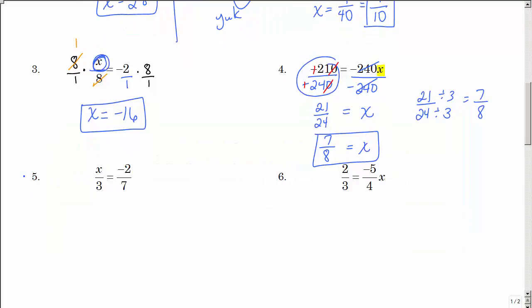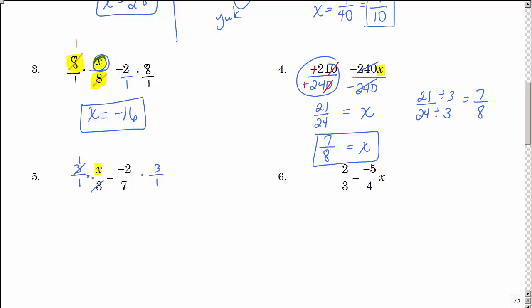Okay, now look at number 5. This x is again being divided by a number, just like on number 3, x was being divided by 8. What did I do on number 3? If I divided by 8, then to undo that, I multiplied by 8. So this x is being divided by 3, so I'm going to multiply by 3, or 3 over 1.